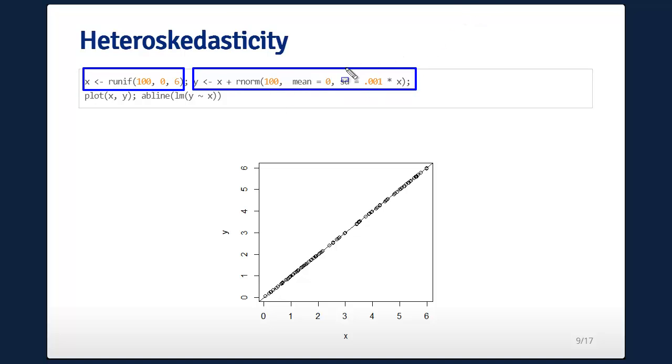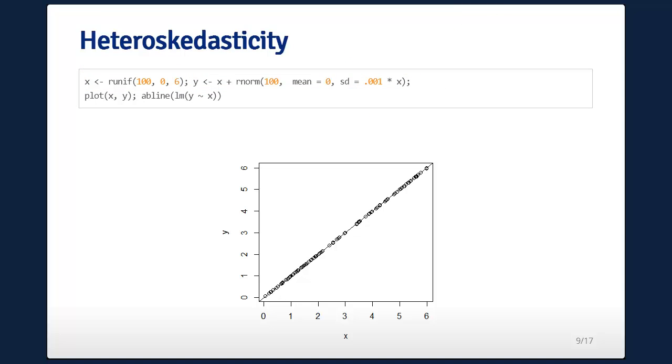But notice that the standard deviation of my normal error actually depends on x. That's called heteroscedasticity. One of the assumptions of our model is that sigma is constant. So again, let's plot it.